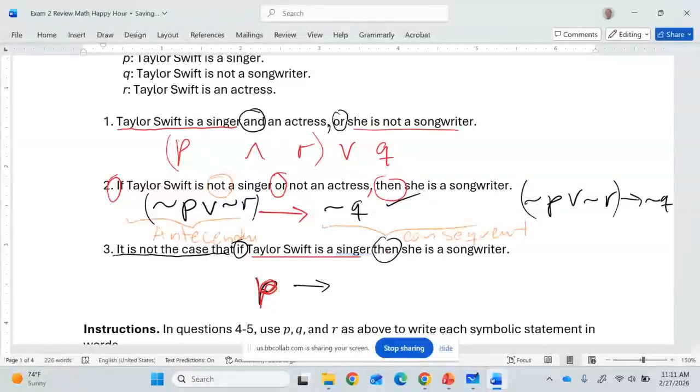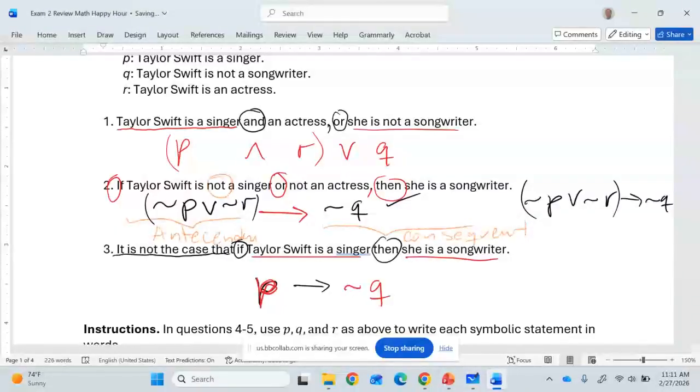And then after the proposition, we have then, which introduces the consequent. That's what goes on the right of the arrow. She is a songwriter. That's the opposite of Q. Remember that in this example, Q was represented as Taylor Swift is not a songwriter. So the opposite of this is actually not Q.